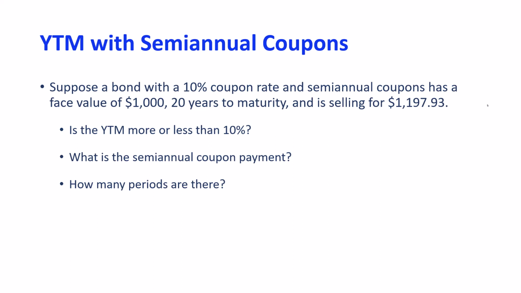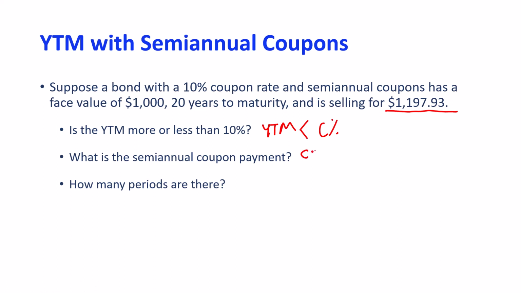So without even calculating this, you should be able to answer the first question. Is the yield to maturity more or less than 10%? Since we have a premium bond, that means that the yield to maturity should be less than the 10% coupon rate.